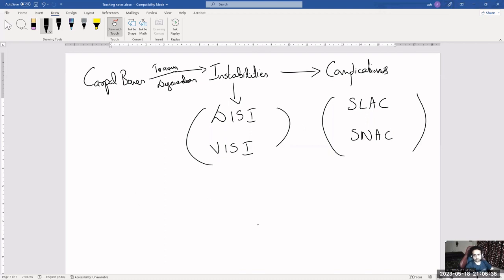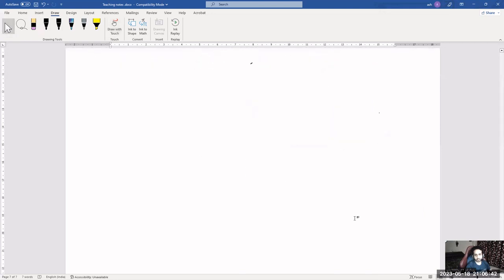So coming to DISI, first let's see what DISI and VISI are. As I said, these are instabilities in the carpal bone.